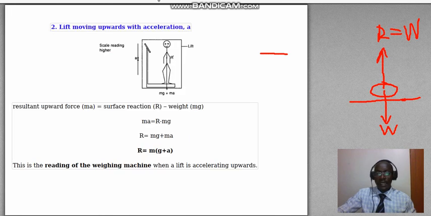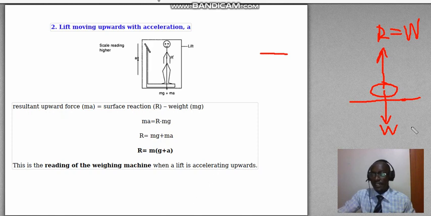Now suppose the lift is accelerating upwards. If the body is accelerating upwards, it means that we now use Newton's second law to describe the situation. And Newton's second law will tell us that if there is an upward acceleration, there must be a net upward force.